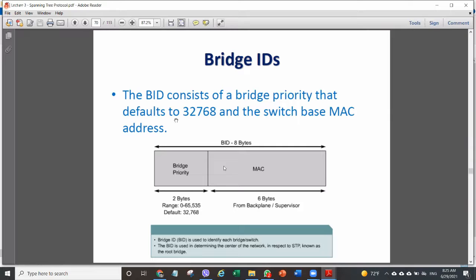If you take a switch in the simulation environment and look at the bridge priority, the value is 32,768, right? The range is 0 to 65,535.